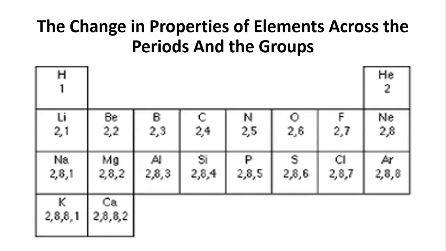Taking an example, you are moving from hydrogen to potassium. The hydrogen will have low electropositivity, while the potassium will have high electropositivity. I hope it's clear.